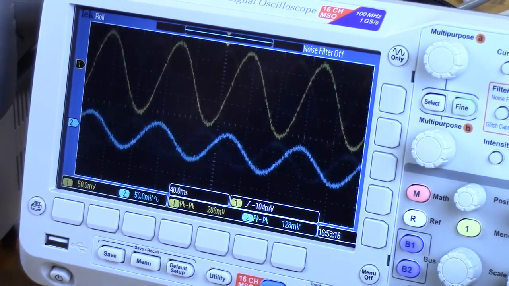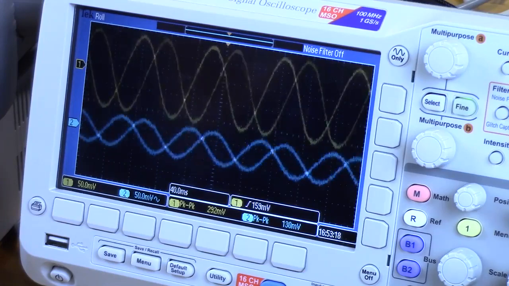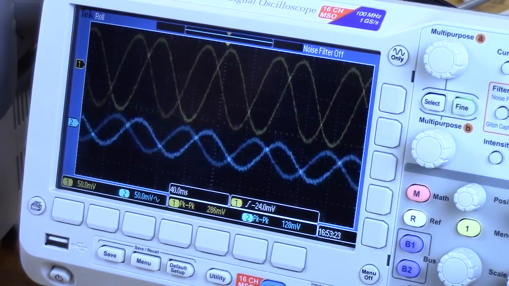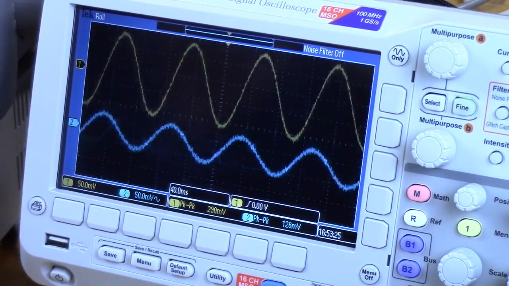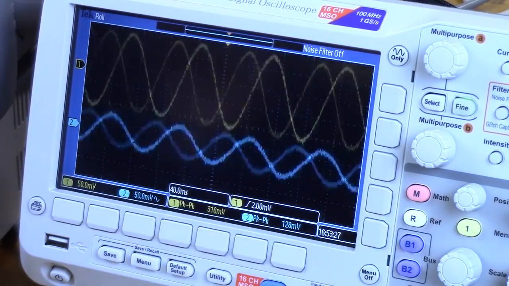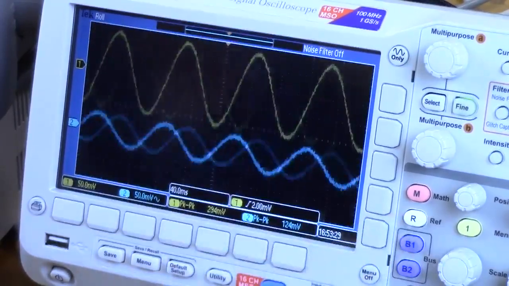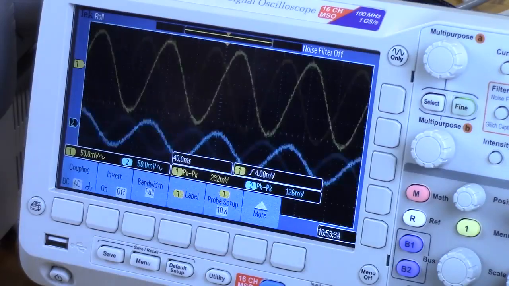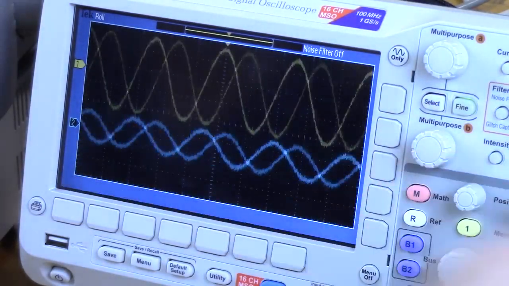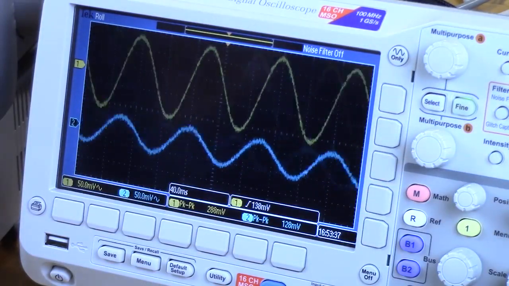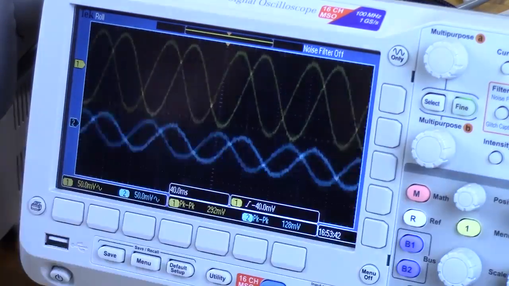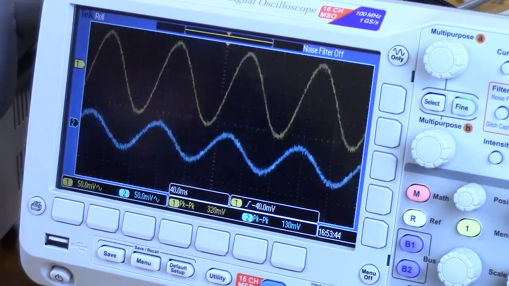It holds still for a moment, but no longer. You could try the sync output from the function generator. Good idea. Yeah, why don't we try that?